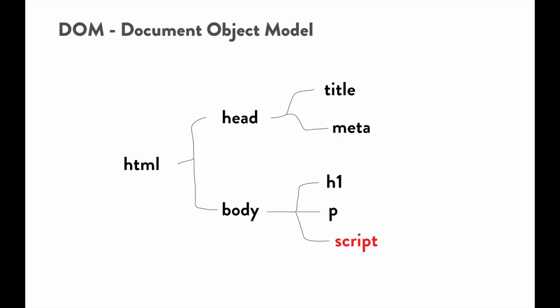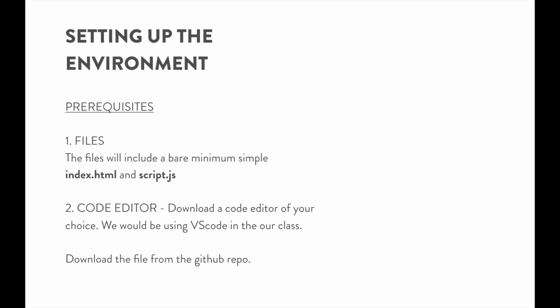It's time to skip the browser and go behind the scenes. In order to do that, we will set up a minimal and basic environment. The prerequisites include the following. We will be using a simple native JavaScript boilerplate.